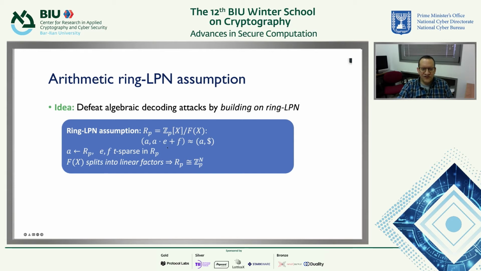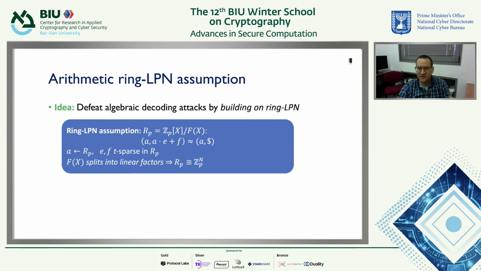Now the construction works almost like the general LPN-based solution, except that here we use sparse polynomials in the ring, both for generating the secret, which will be E, a sparse polynomial from this polynomial ring, and F, the noise polynomial. Both of them will be sparse. The only thing which is dense is this public polynomial A that we use. This plays the role of the matrix H in the generic LPN-based construction.